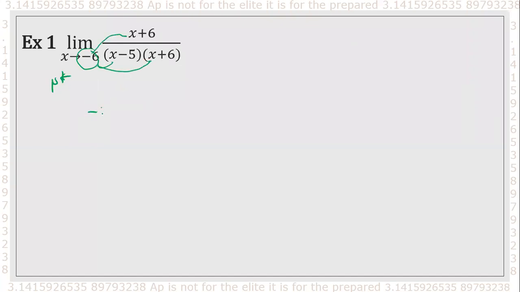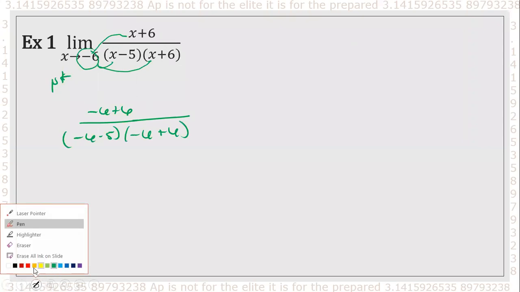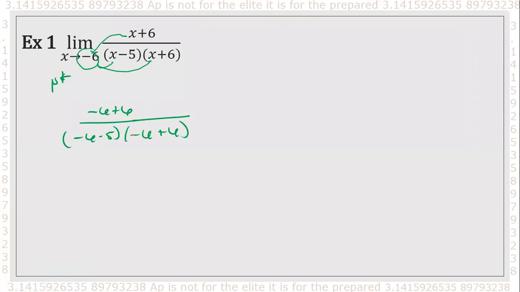So I should have -6 plus 6, and then -6 minus 5, and -6 plus 6. So I have a big dilemma here, because this right here, -6 plus 6, what does that give me? 0.